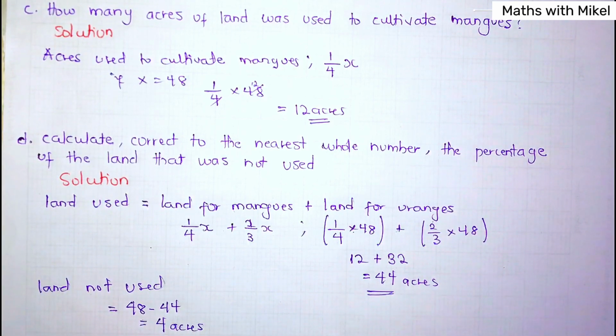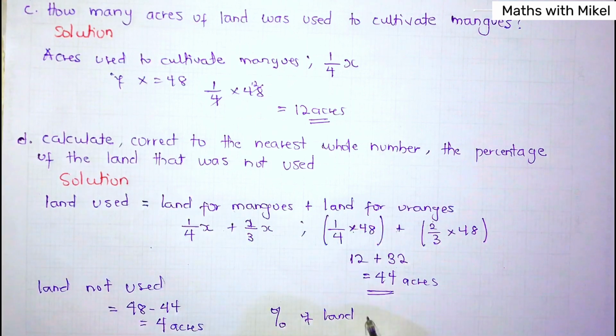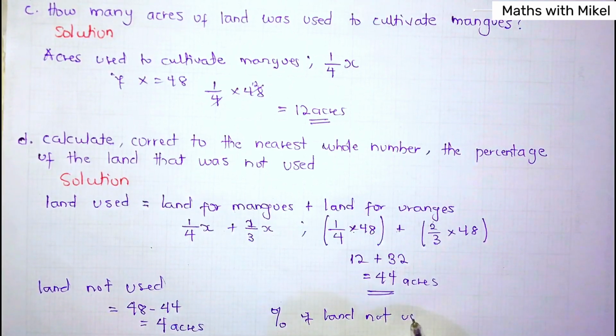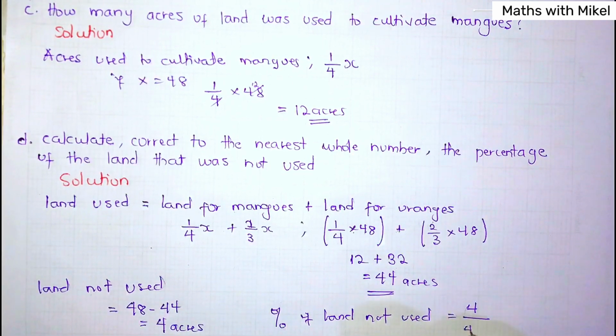So to find the percentage of land not used is going to be 4 over the total acres, which is 48, times 100.